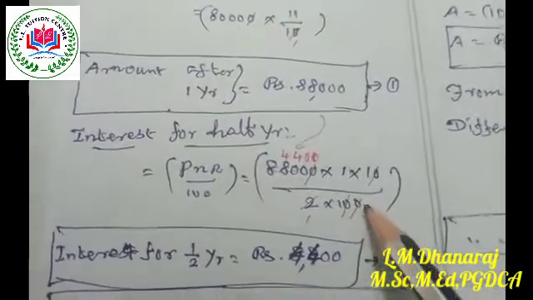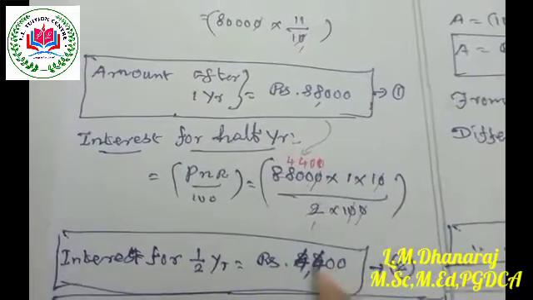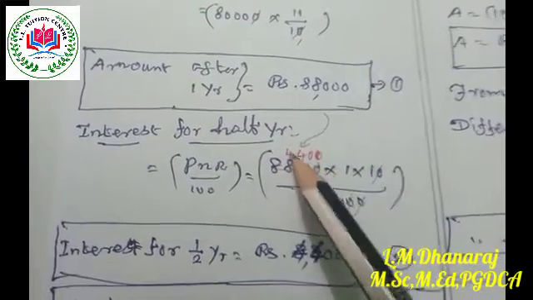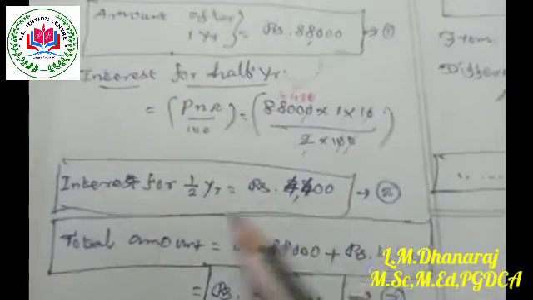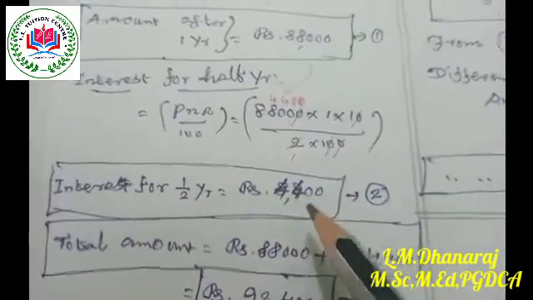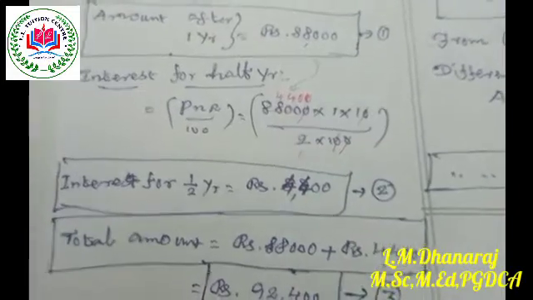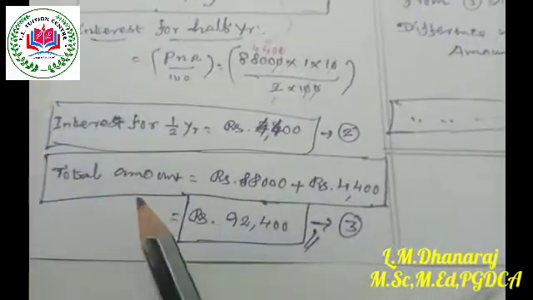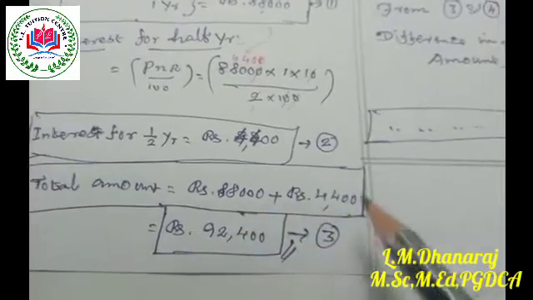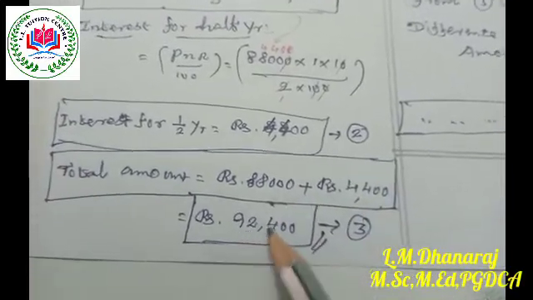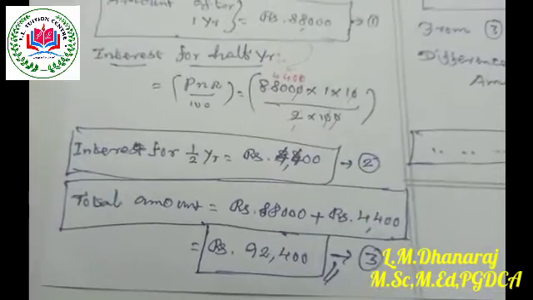By cancellation, 10 and 10, the other 0 can be cancelled. 1 2s are 2 and this is 4,400 times. Therefore the interest for half year is 4,400. Therefore the total amount for 1.5 years is 88,000 plus 4,400, that is 92,400.